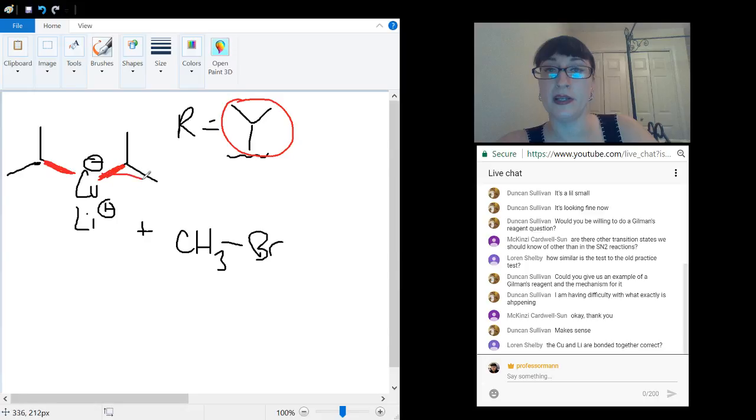Those are going to reach out and attack because they're actually a really good nucleophile. It's completely different chemistry than what we're used to seeing, because we're used to seeing stuff that's not metals, but metals have different chemistry. Then we spit that out. And then, let's see, Duncan, can you tell me what the name of my product will be? Think about it.